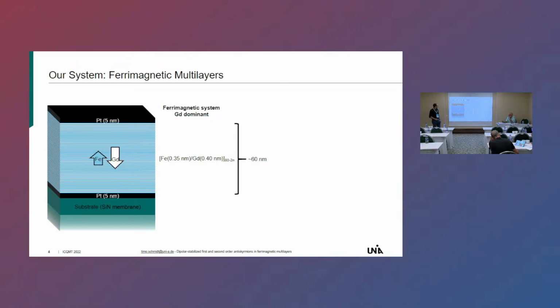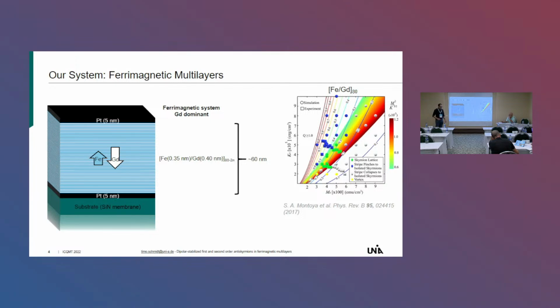And it's also gadolinium dominant. We orientated ourselves at the works of Montoya et al., which you can see here, and this group worked on these iron gadolinium multilayers and tried to stabilize Bloch skyrmions by the dipolar interaction.